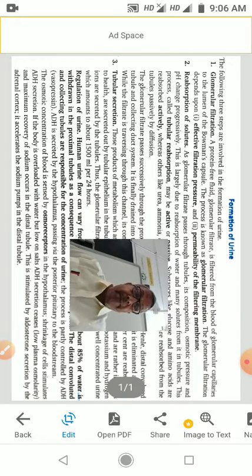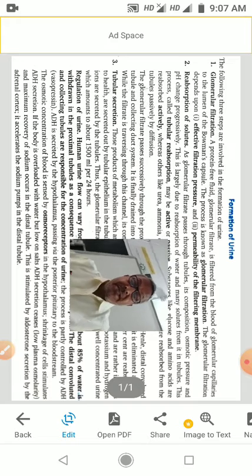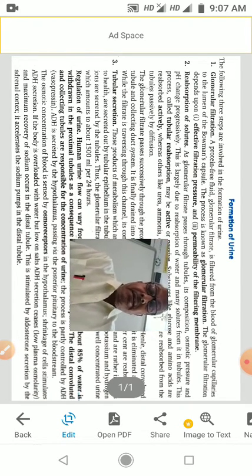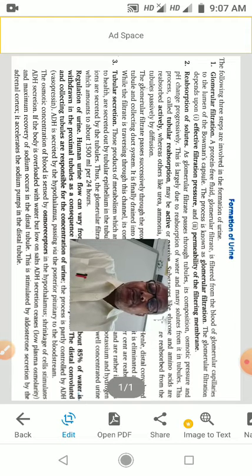Glomerular filtrate passes through the proximal convoluted tubule, loop of Henle, distal convoluted tubule, and collecting duct. So there is reabsorption of different substances in the different parts. In the proximal convoluted tubule, there is reabsorption of water, sodium ion, potassium ion, glucose, amino acids, and some iron.